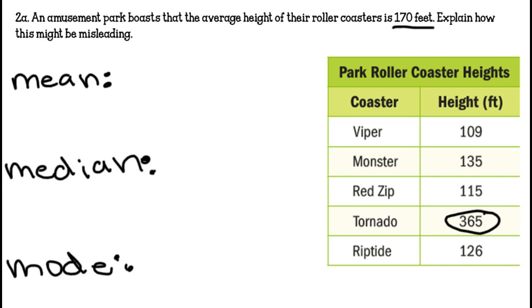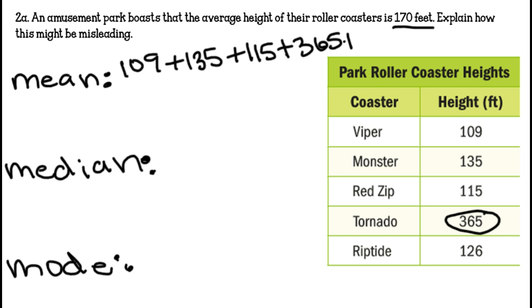All the others are below 170, which makes me think that they probably use the mean to get 170, but let's see. So we add them all together, so we do 109 plus 135 plus 115 plus 365 plus 126. And there are 5 roller coasters, so we divide by 5. So the mean of the roller coasters is 170.